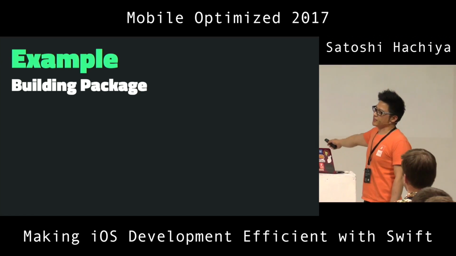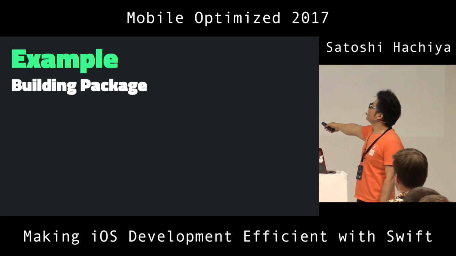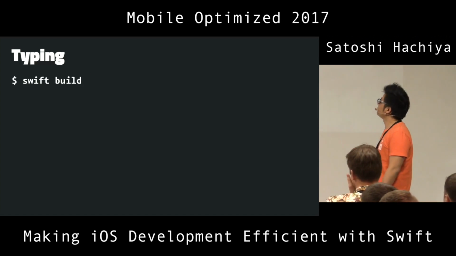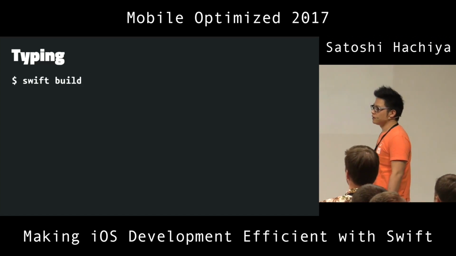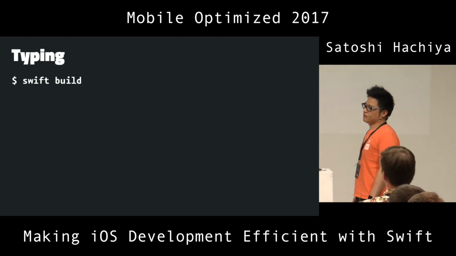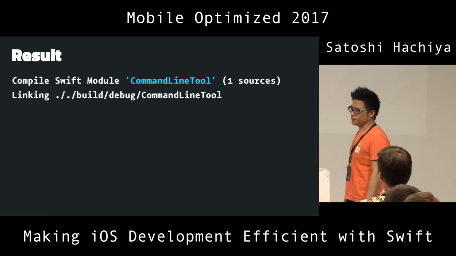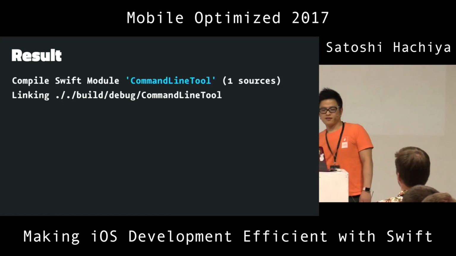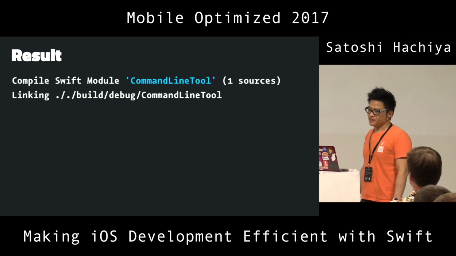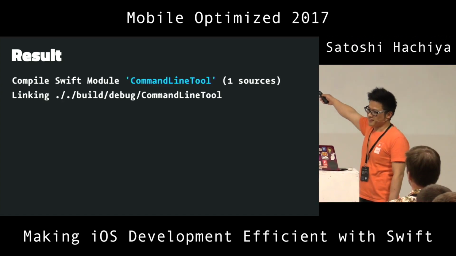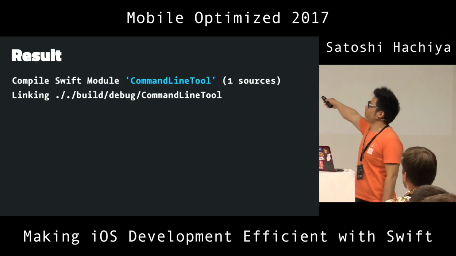It is created automatically by the Swift Package Manager. By default, it prints hello world in main.swift. I'm in Belarus, so I changed it to hello Belarus.